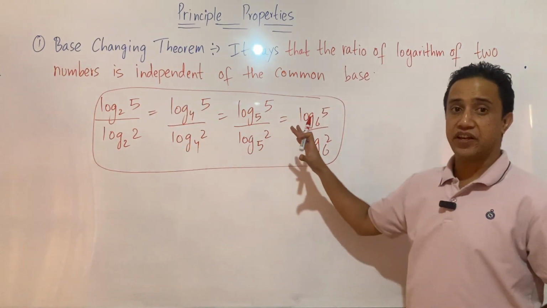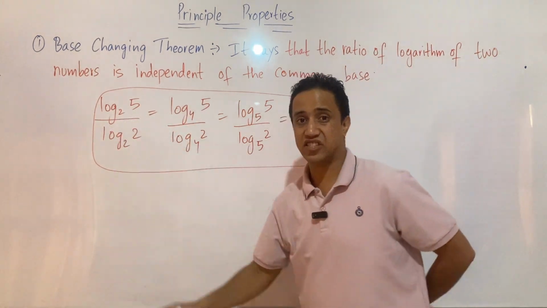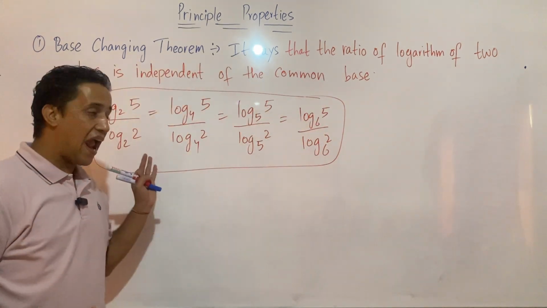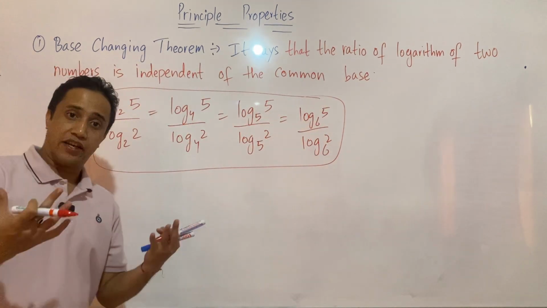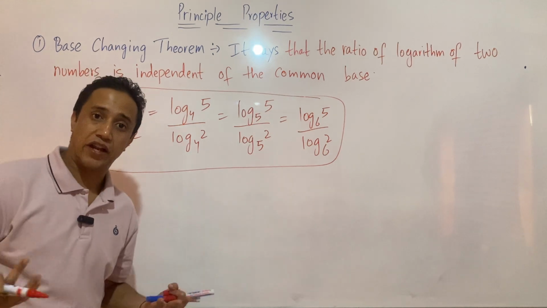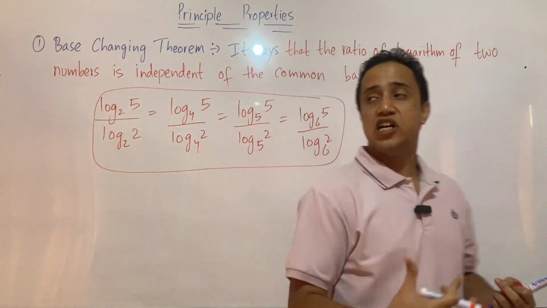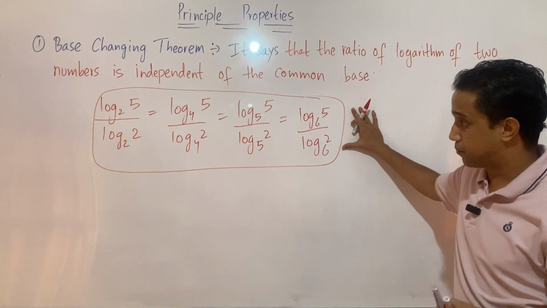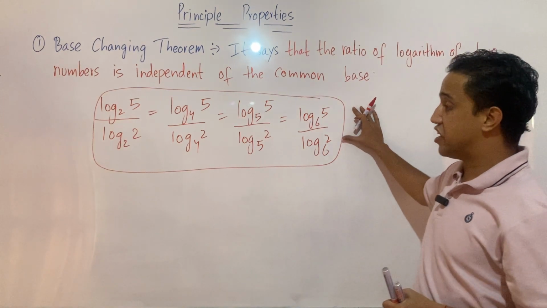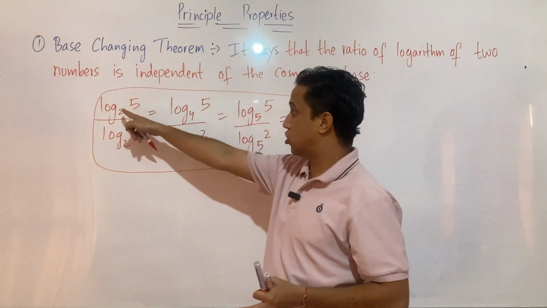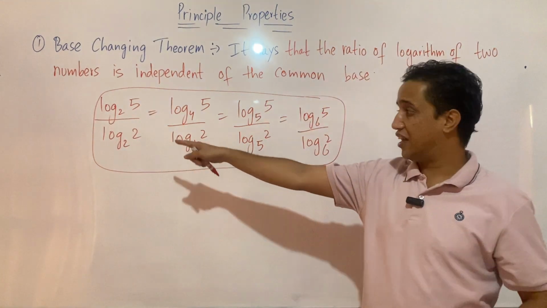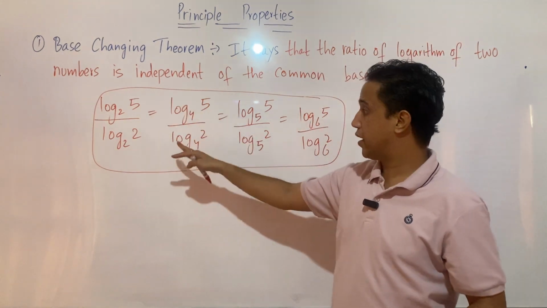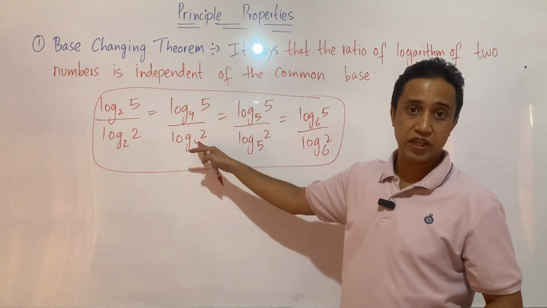It is independent of the common base, meaning that the common base is not going to play any major role in evaluating the value. Understand? This is a very, very important property. Here you can see that log of 5 to the base 2 by log of 2 to the base 2 is the same as log of 5 to the base 4 by log of 2 to the base 4.